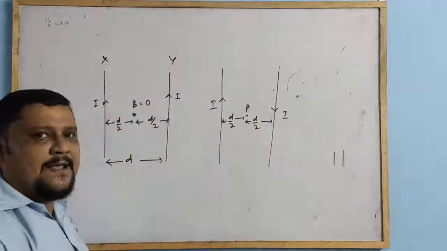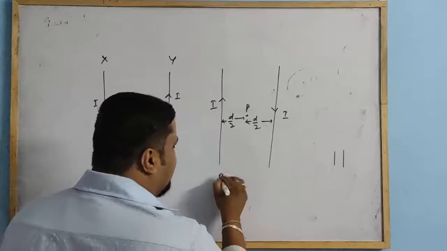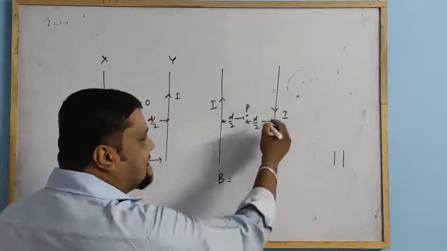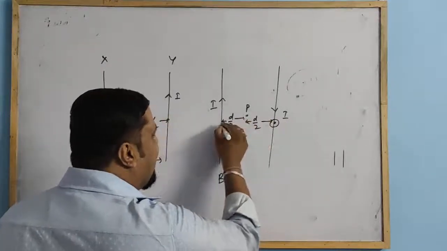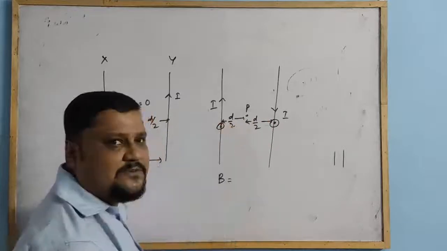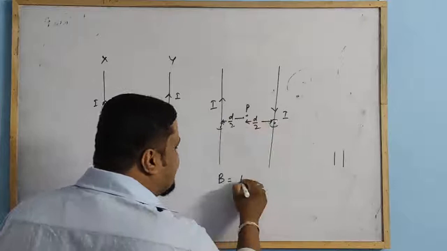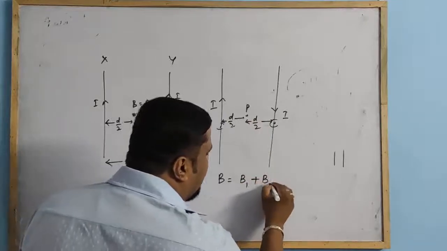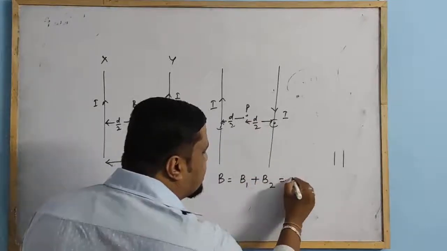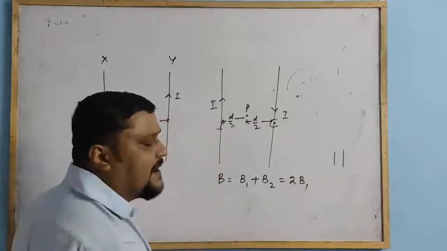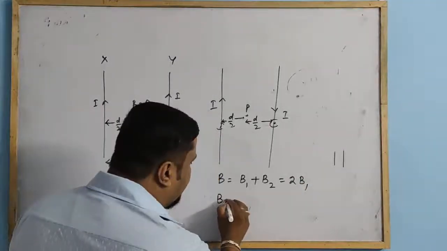for the magnetic field, in this case both are in the same direction, perpendicular inward. So at this point, both are same, so they will add up. So B is equal to B1 plus B2, both are same magnitude, so you can say 2B1. What is B1 you already know?